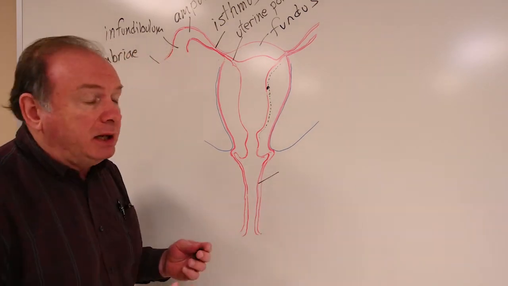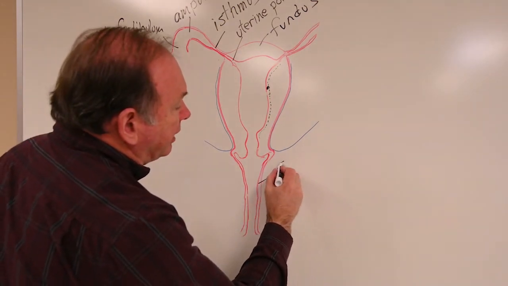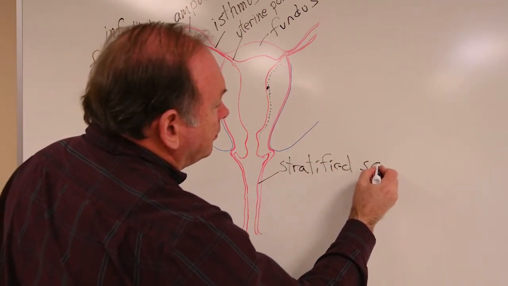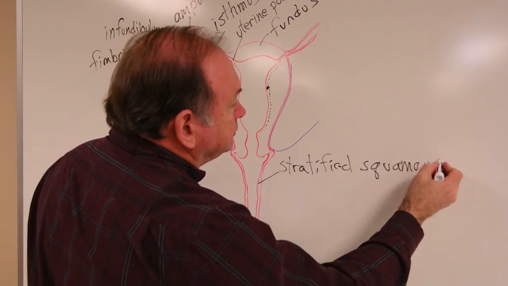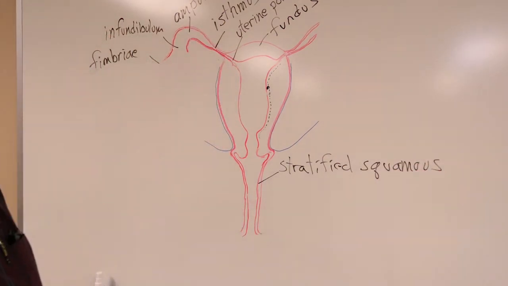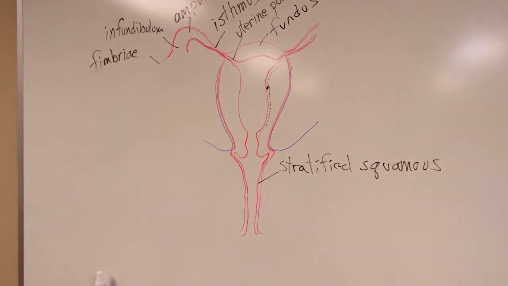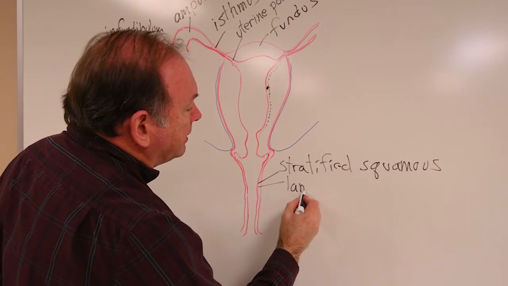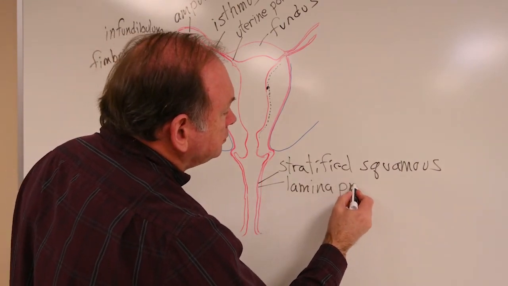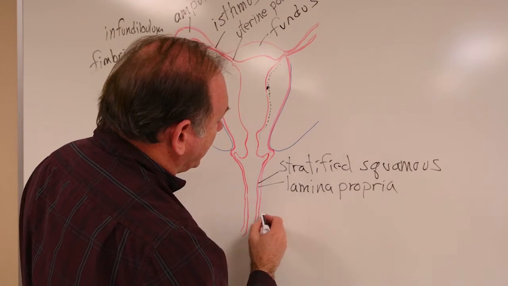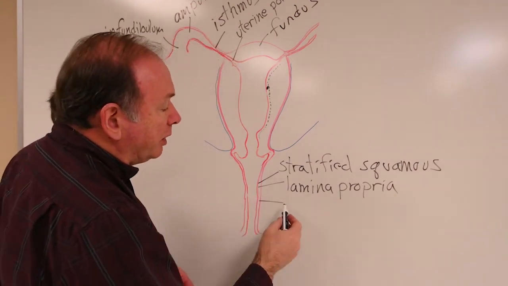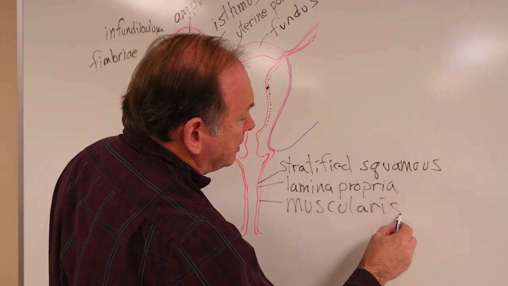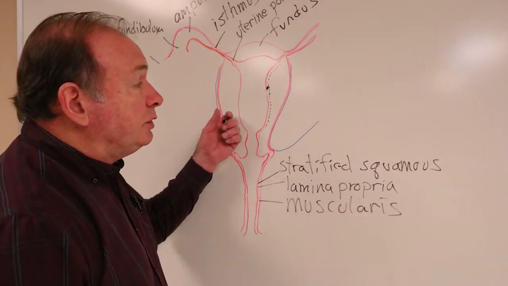The layering of the vaginal wall here is not very complicated. It's got an inner layer of stratified squamous epithelium. Underneath of that would be a layer of lamina propria. Underneath of that, the third layer would be the muscularis, which is much thinner than what you see in the uterus.